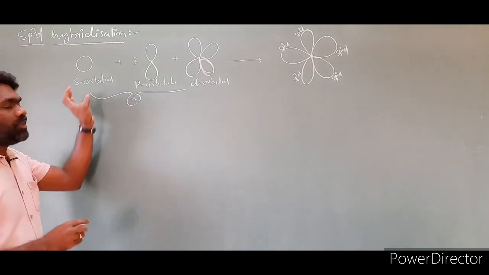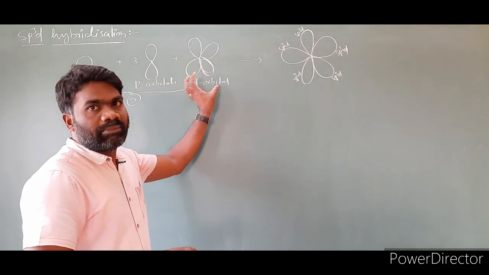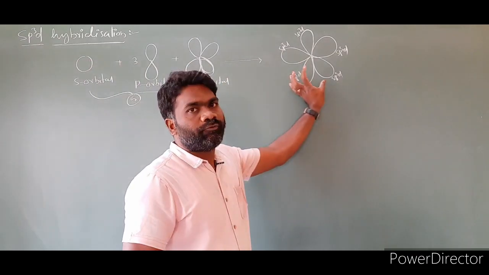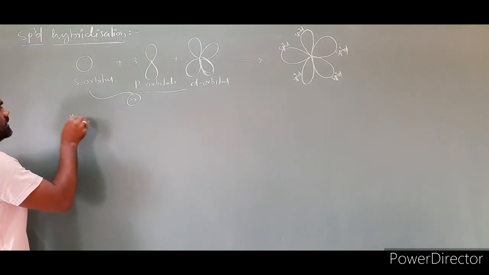So we have to write this statement. What is the statement? Intermixing of one s orbital, 3 p orbitals, 1 d orbital, resulting in the formation of 5 sp3d hybrid orbitals. Write the sentence.